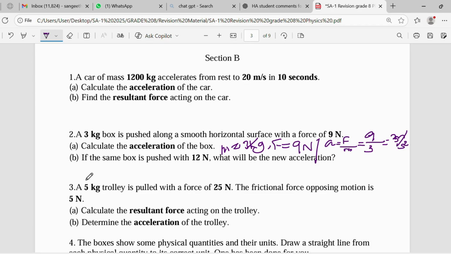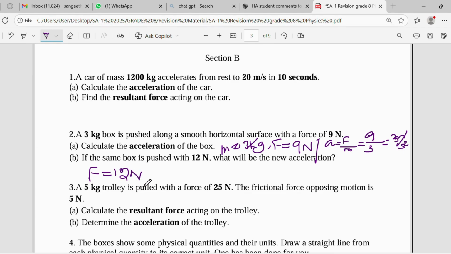In the B part, the force is equal to 12 Newton, and we need to find out the new acceleration.